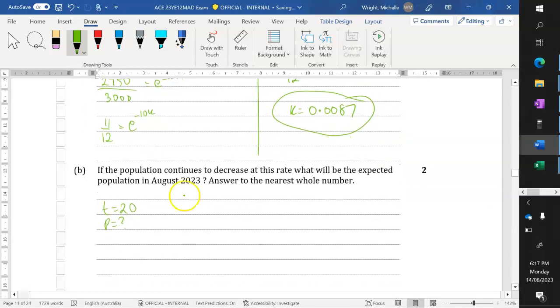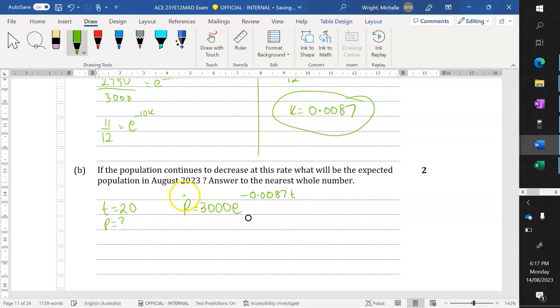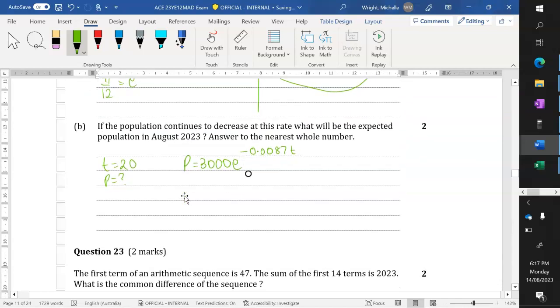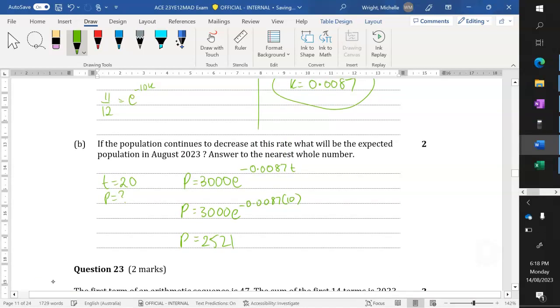So you've got that P is equal to 3000 e to the minus 0.0087t. And that comes from our k and our population. We're just going to pop into that equation then our time of 10, and that will give us a population of 2,521.